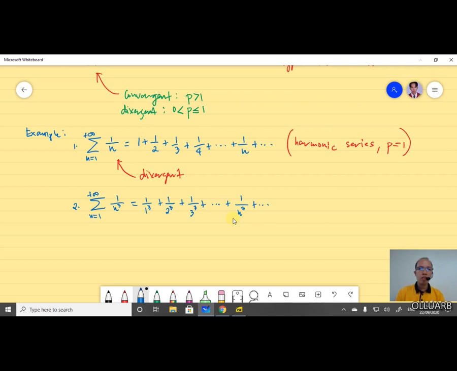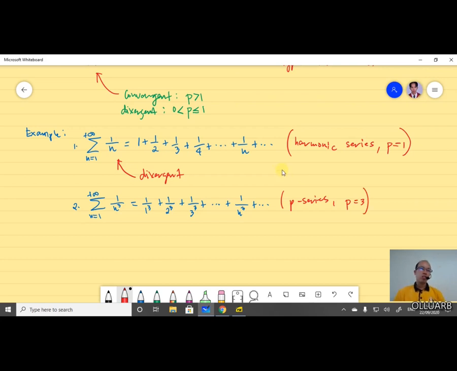This is a p-series, or hyperharmonic series, with p equal to 3.